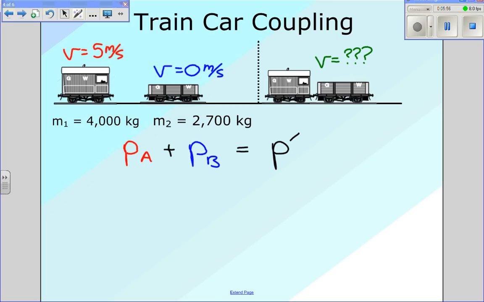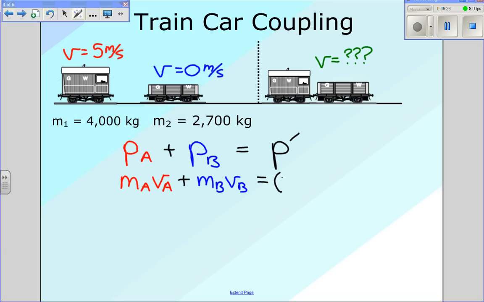So let's take it through the next step. The next step in this should be writing the momentum equation. So m_A v_A plus m_B v_B is going to be equal to the momentum of both objects when they come together.